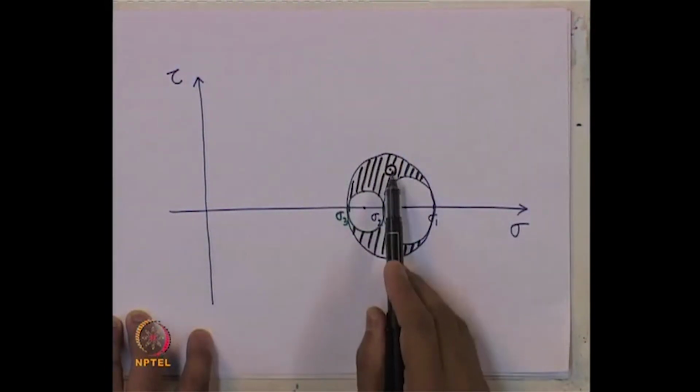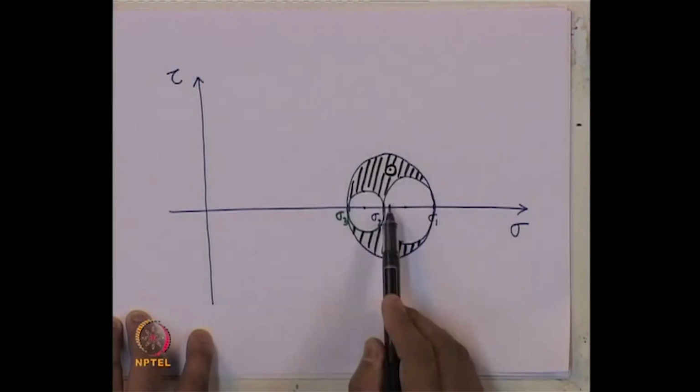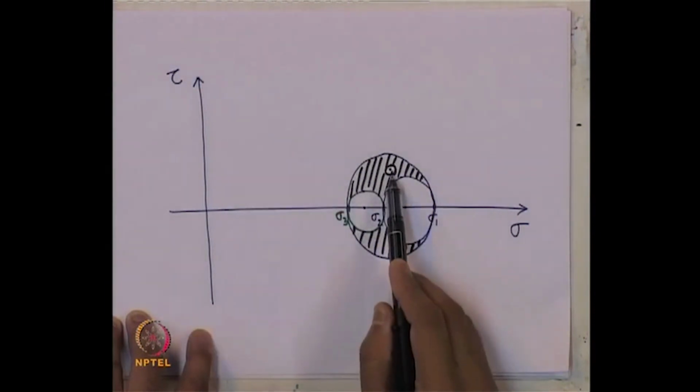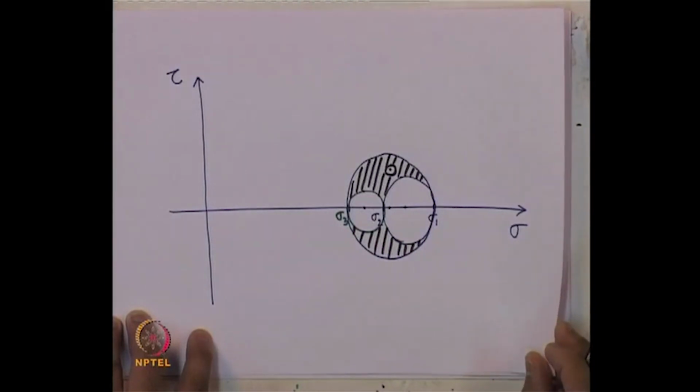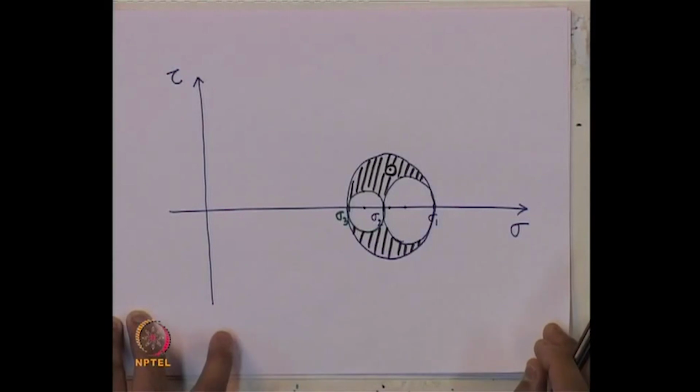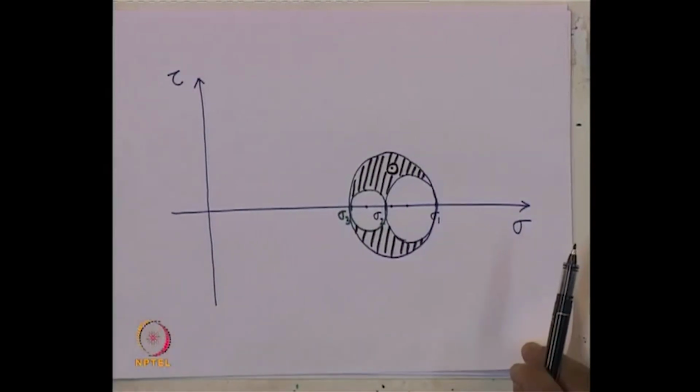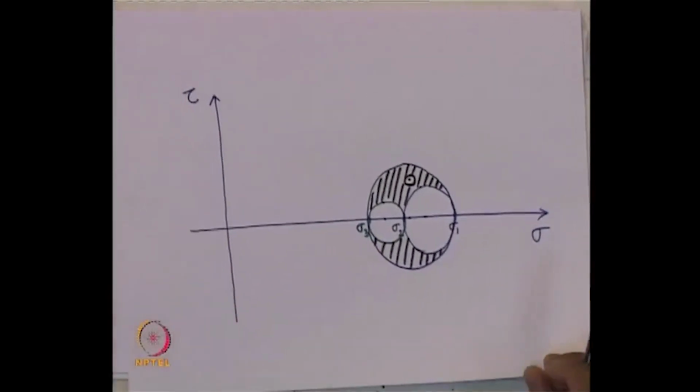And obviously, if you find out the values of sigma and tau for that point, you will get your normal stress and shear stress for any nth plane. Fine. So, this is the way graphically we can find out the state of stress on any nth plane for a case of a 3 dimensional soil element.